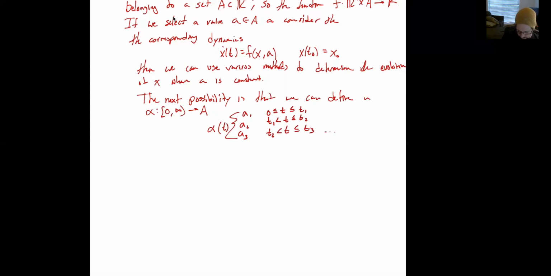Okay, so this gives you an idea of a potential function that we can use.